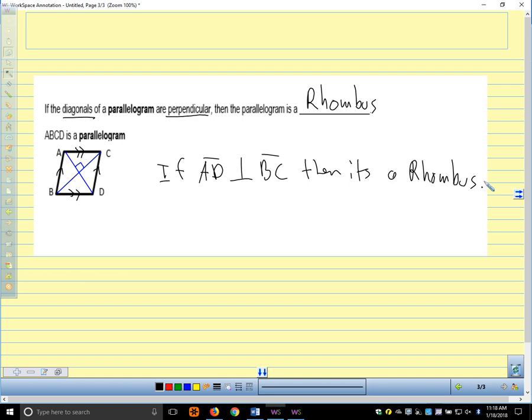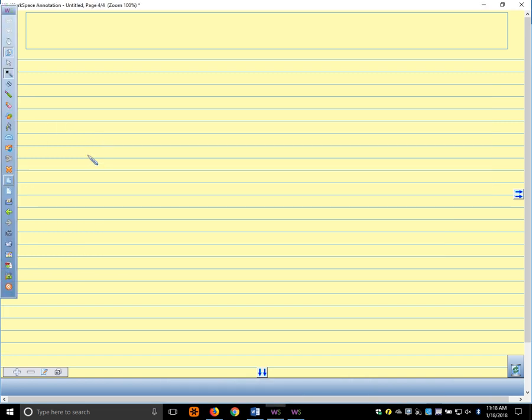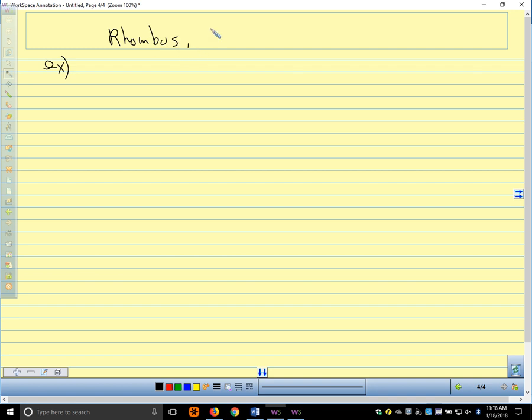Okay, I want to look at a couple of examples that have to do with rhombuses or rectangles. This is the kind of thing that we're going to be doing with our whiteboards, identifying and classifying these quadrilaterals. So for both of these, I want to know, is this a rhombus, a rectangle, or square? And we know we're starting out with a parallelogram.